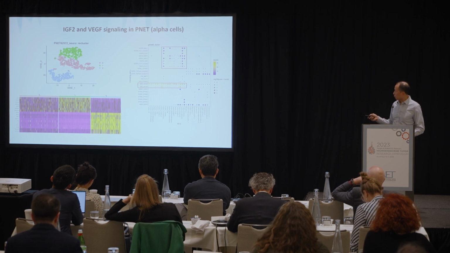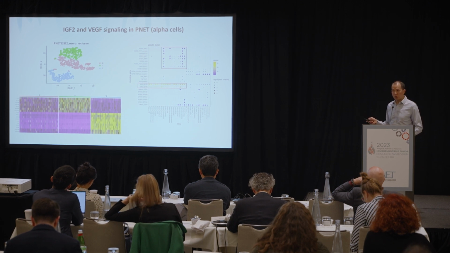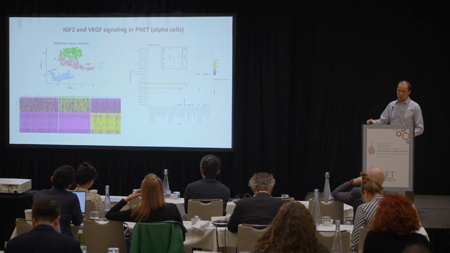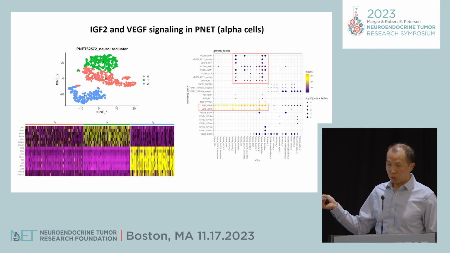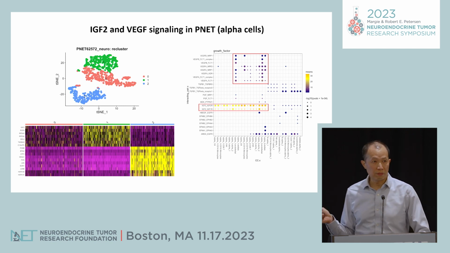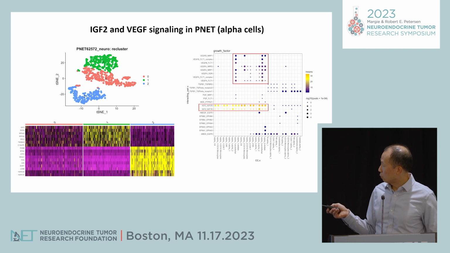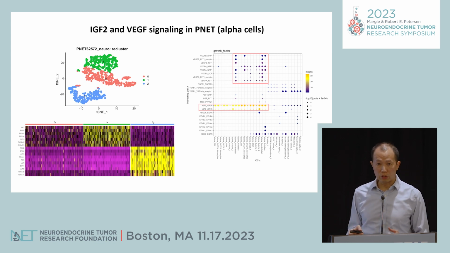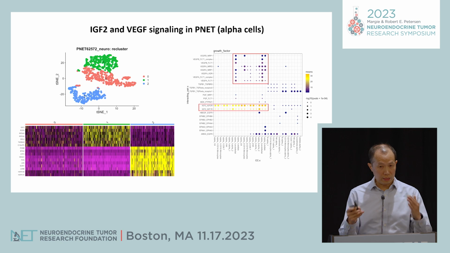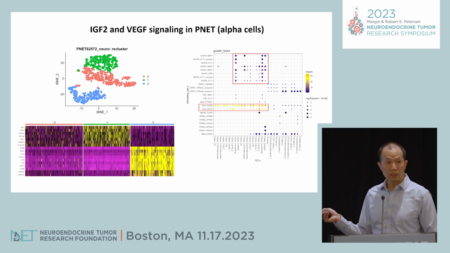The receptors for that are on many of the other cell types in the tumor microenvironment, but also the tumor cells themselves. So this is indicative of some autocrine signaling as well. The other growth factor that we see is the VEGF A and B factors. These are secreted by the tumor cells, and the receiving cells are the endothelial cells.